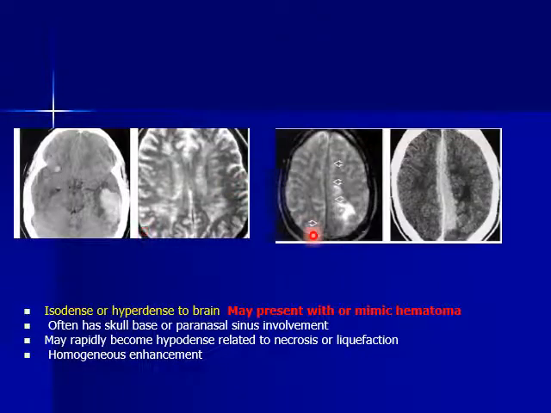This is a very important example. Look for this. Hyperdense lesions along the meninges. Some people may call this subdural hemorrhage, but actually this is leukemic infiltrates.